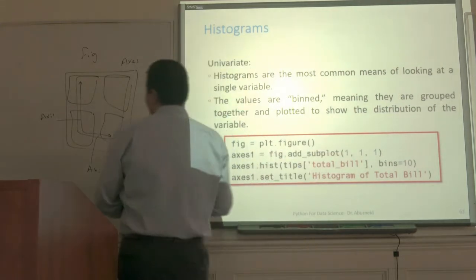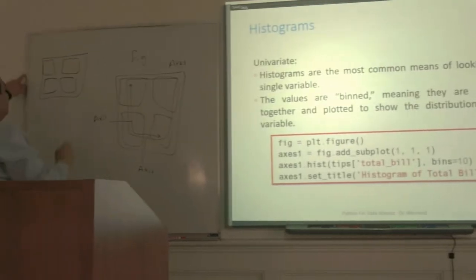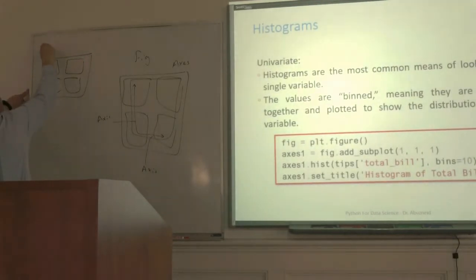I could have a figure with 4 axes. So how can I reference them? This one is position 1, this one is 2, 2 rows times 2 columns.